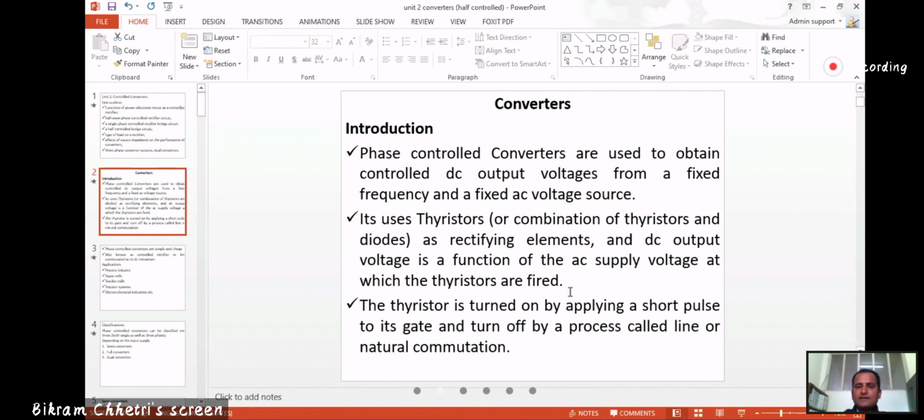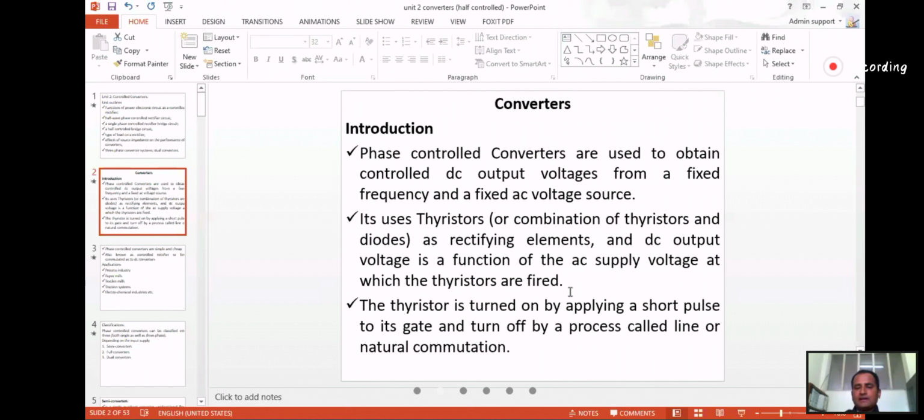So DC output voltage is a function of AC supply voltage. Whatever you get at the output as DC is a function of the AC input voltage. So your input is AC and output is DC. Based on the firing of the thyristors, we get our output.